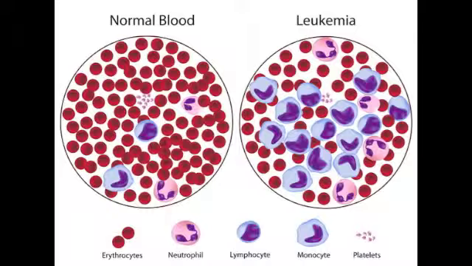This happens because of a lack of normal blood cells. The cause is unknown, but it is believed to be inherited and environmental factors. Chemotherapy, radiation therapy, targeted therapy, and bone marrow transplant are all ways to help treat it. The success is based on the type of leukemia and the age of the person. The average rate of survival for 5 years is 57%.